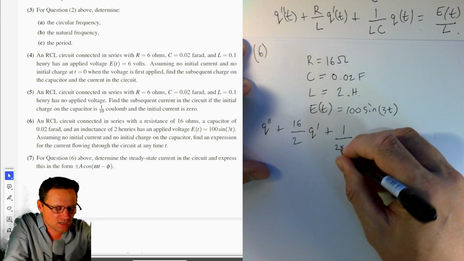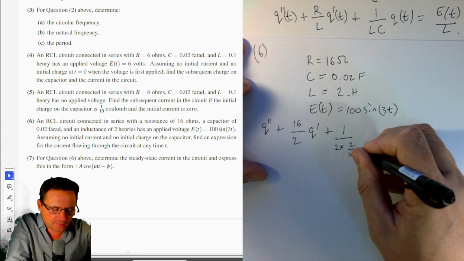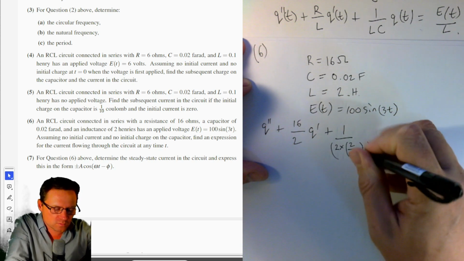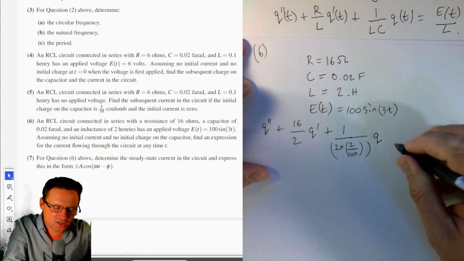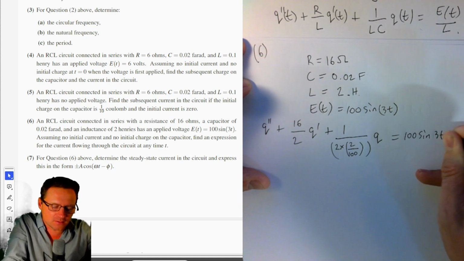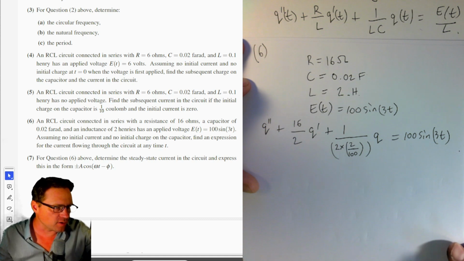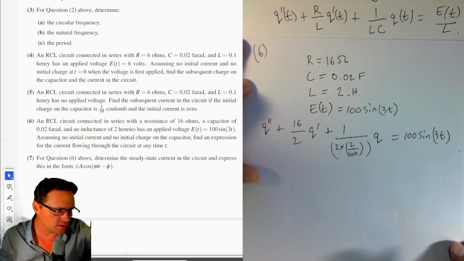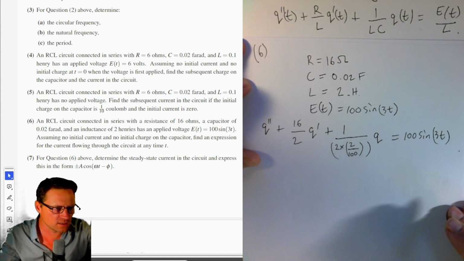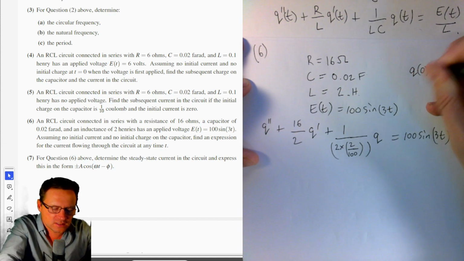So that's 2 times 2 over 100 times Q, and this is equal to 100 sine of 3t. All right, now we do have some initial values as well. No initial current and no initial charge, so that's Q of 0 is 0 and Q dash of 0 is 0.